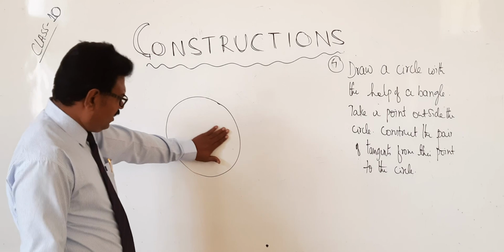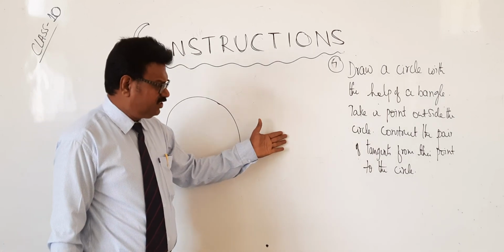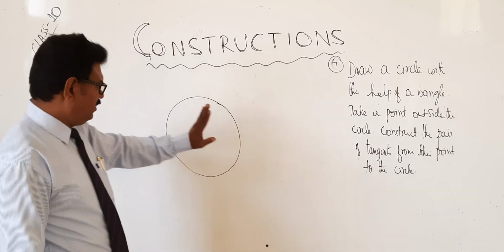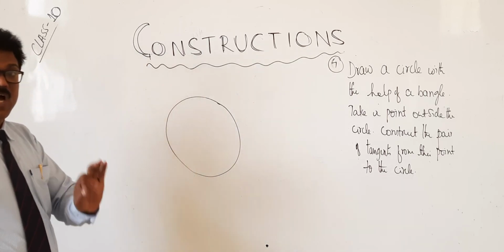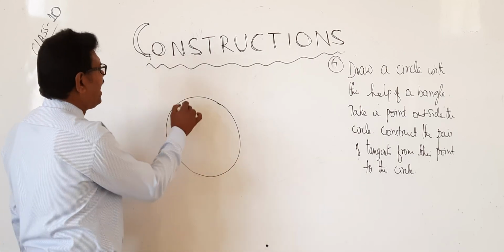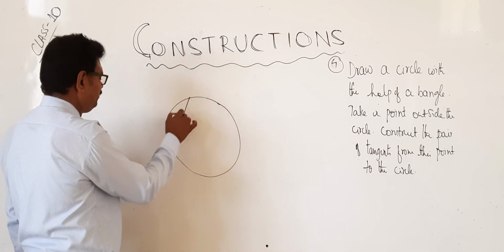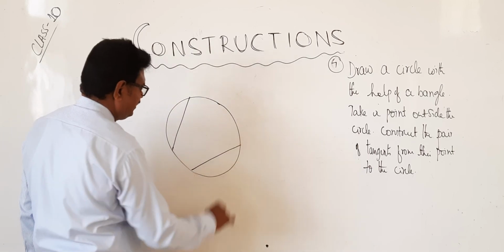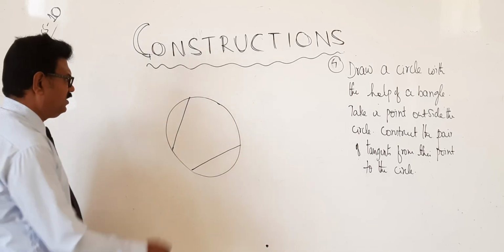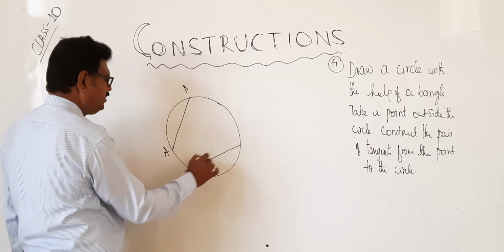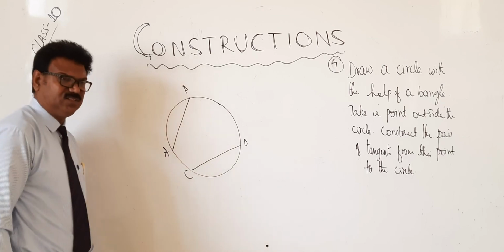Now we should draw tangents from the point. To draw this, first we should know how to find out the center. Very, very simple. Take two cards, wherever you want. I am taking two cards like this. Now AB and CD are the two cards.